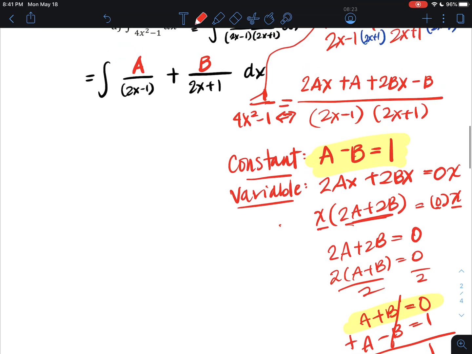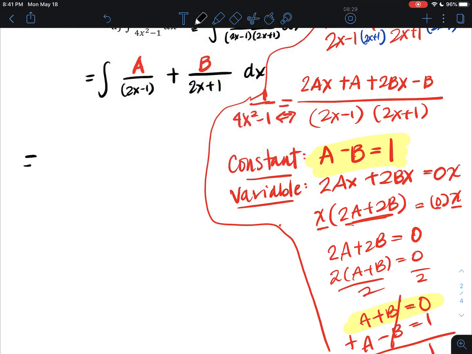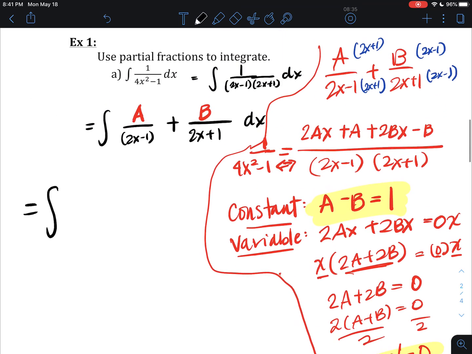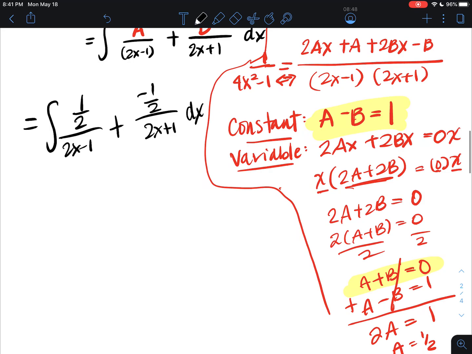So we go back. Red and black. We go back and I know now what to write in my a. So my a was half. So 1/2 over 2x minus 1 plus negative 1/2 over 2x plus 1 dx. And then I continue.